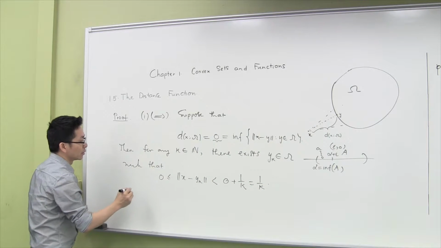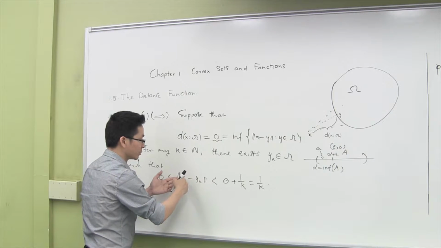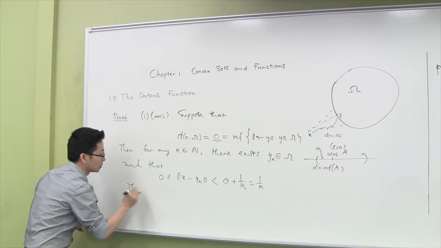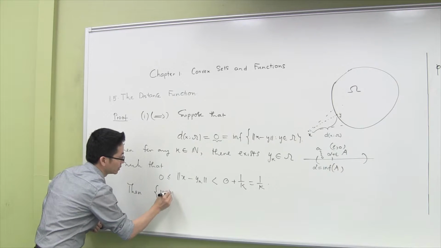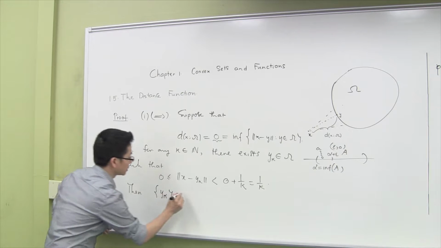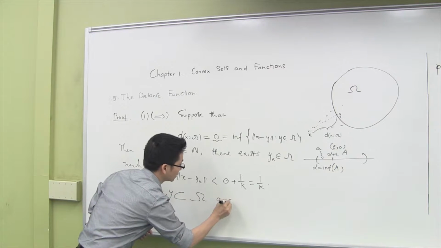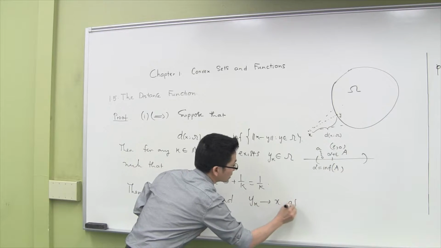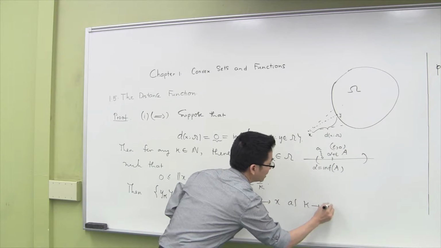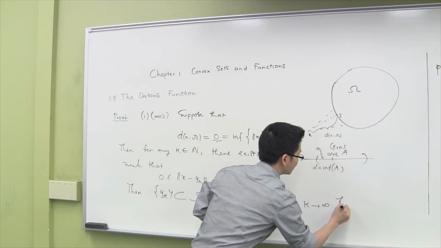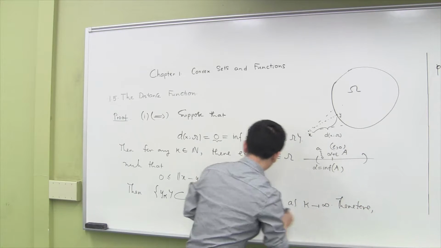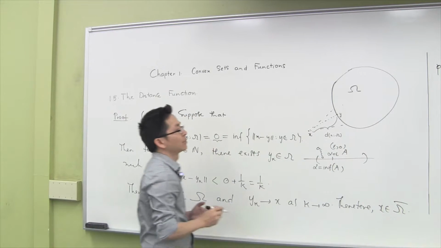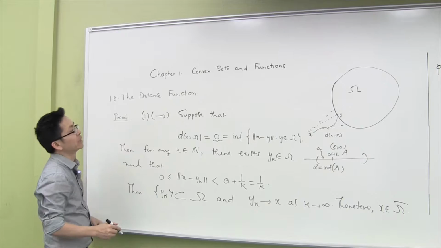So from here, we see that yk converges to x as k approaches infinity. Then the sequence yk is in omega and yk converges to x as k approaches infinity. Therefore, x has to be in the closure of omega. So I have completed the proof of this implication.